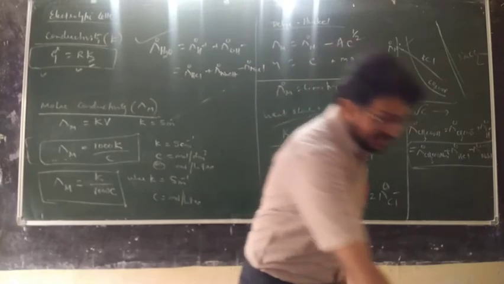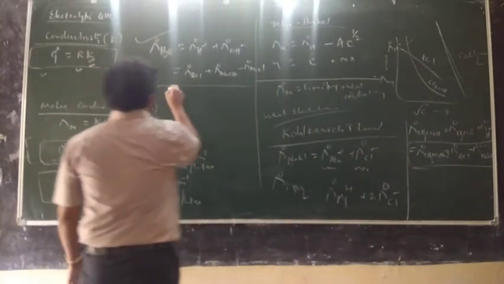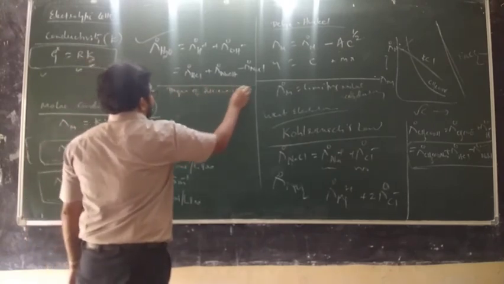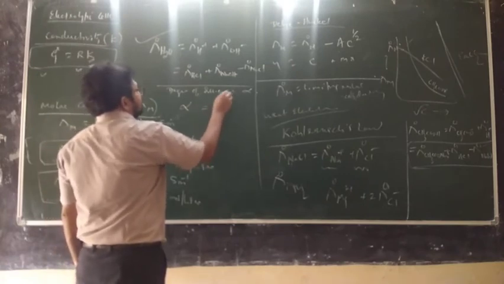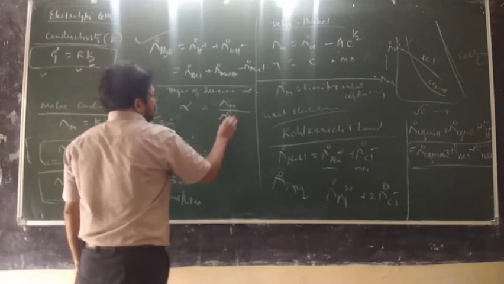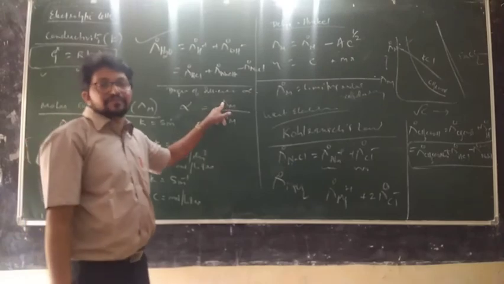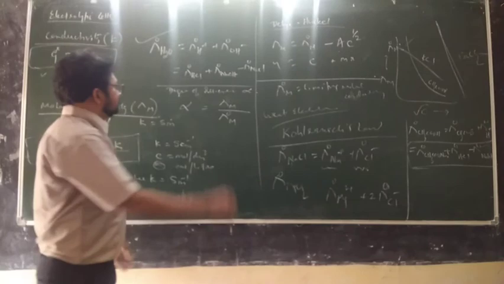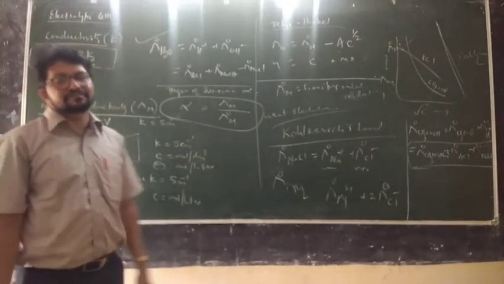Okay, here one more thing is that even for a weak electrolyte, the degree of dissociation you can calculate. Degree of dissociation alpha. Alpha is lambda m divided by lambda naught m. For example, the molar conductivity of acetic acid divided by the limiting molar conductivity of acetic acid. If you do, this is going to give you what?